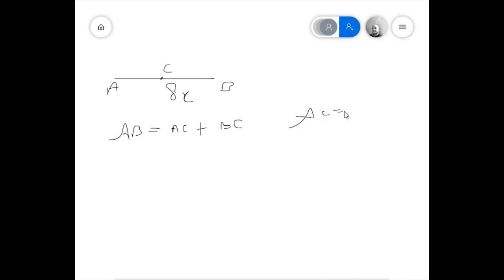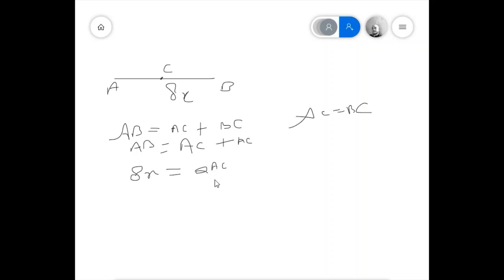Therefore we can write this equation as AB equals AC plus AC. Now the measurement of AB is 8x, so we write 8x in place of AB, and on the right hand side AC plus AC becomes twice of AC.